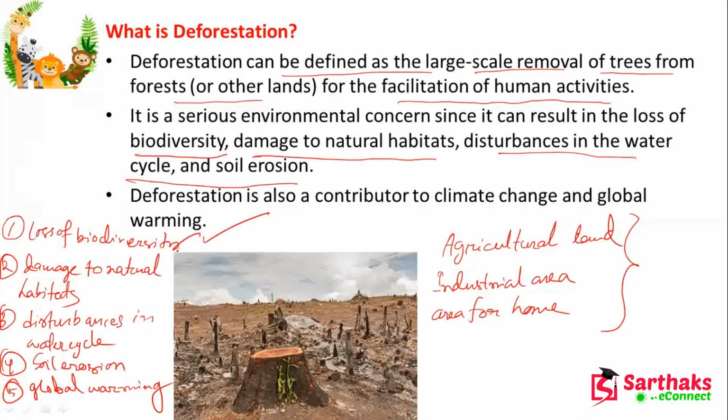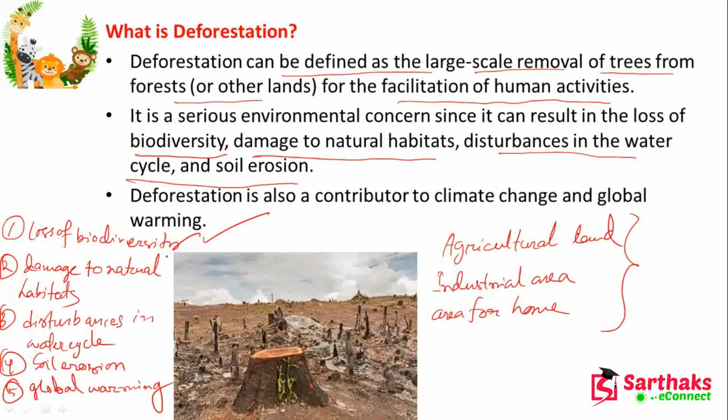Then soil erosion will be there, because you know that the soils are attached to the roots of the plants. And if there is no plant, then with some rainfall the soils will go away from one place to another, and there will be more soil erosion from wind also.